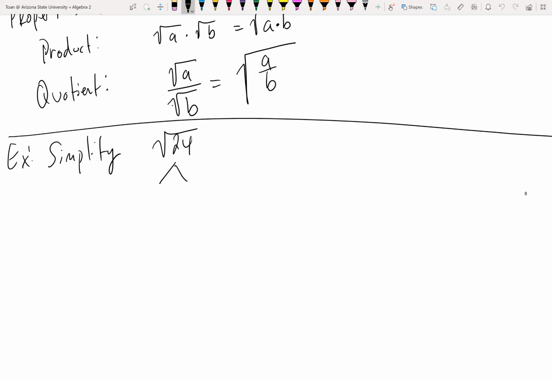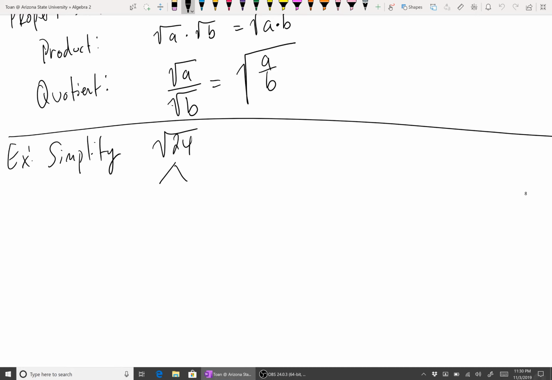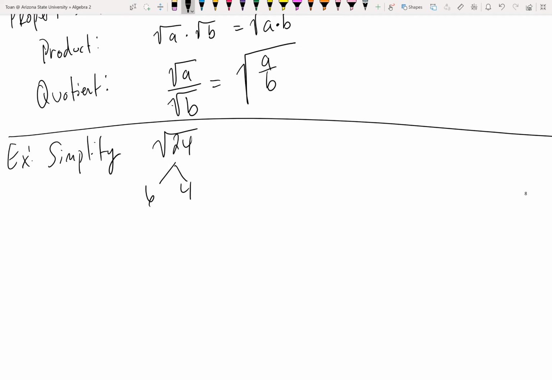Ask yourself, what two numbers multiplied together equals 24? There are lots of different ways you can do this. There isn't one set way. Off the top of my head, I know that 6 times 4 is 24. What you want to do is keep breaking down these numbers until you reach prime numbers. For instance, I know that 6 is the same thing as 2 times 3.